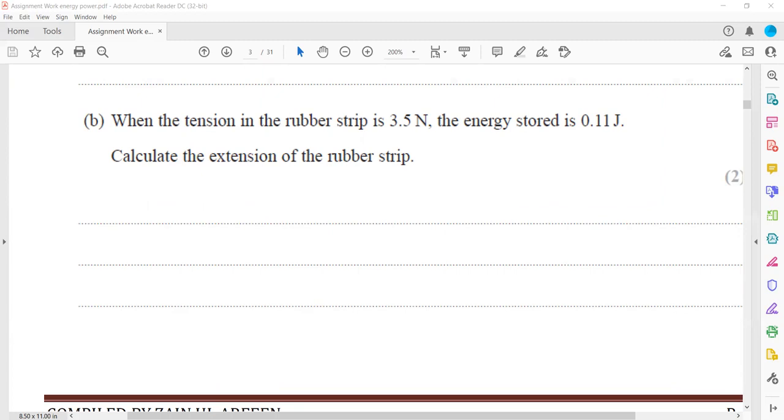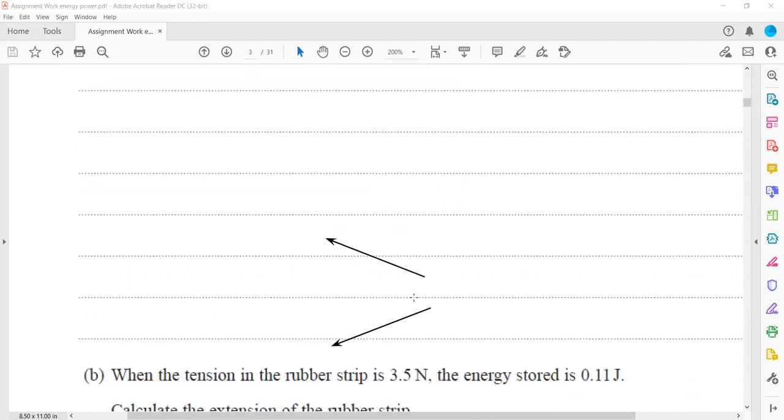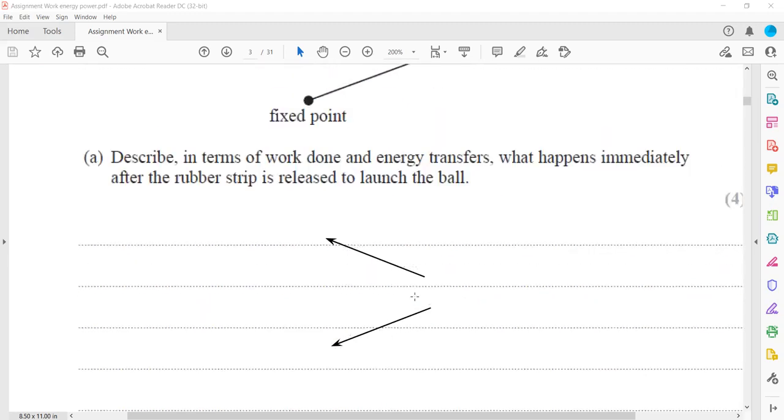We know the work done is equal to force into distance. So the tension in the string, like this part of a string and this one as well. What is the tension in this string? That is given as 3.5.